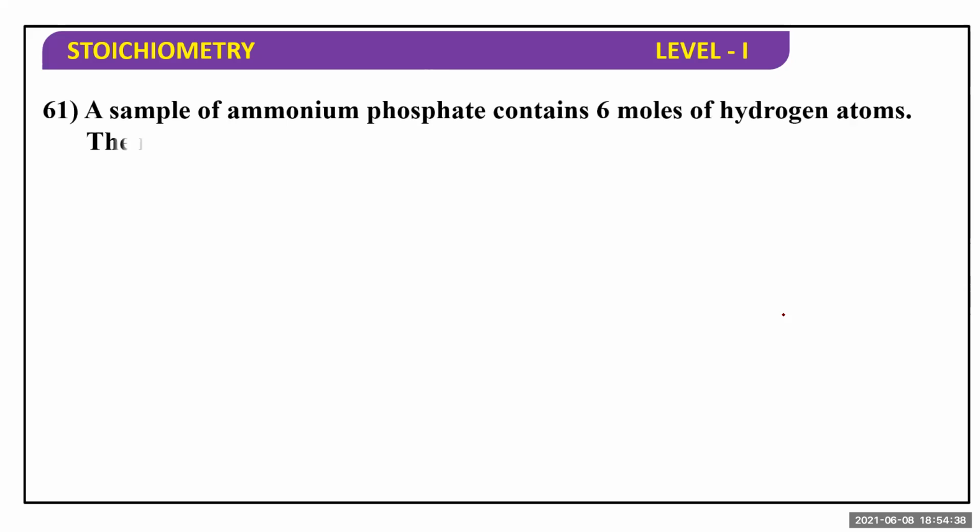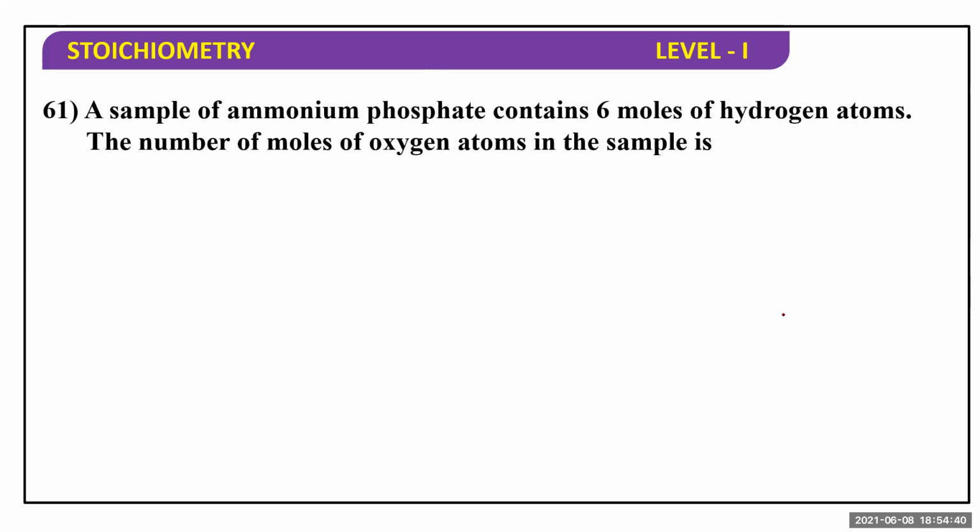A sample of ammonium phosphate contains 6 moles of hydrogen atoms. The number of moles of oxygen atoms in the sample is, which one is the correct? Ammonium phosphate, so what is the formula?